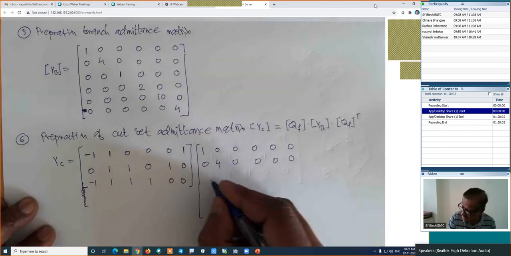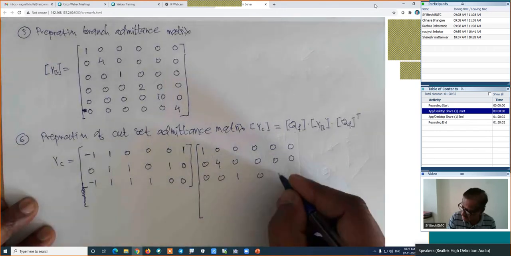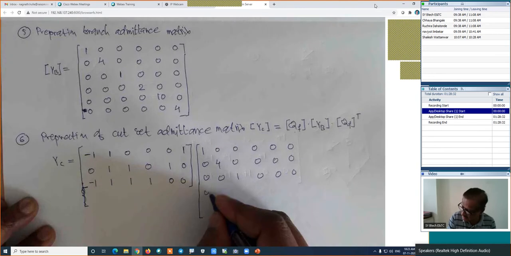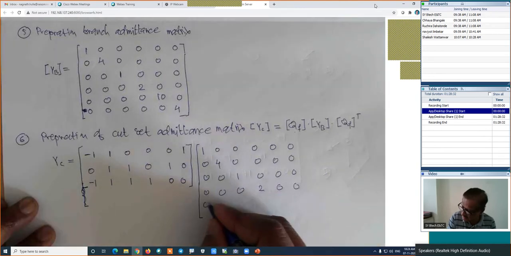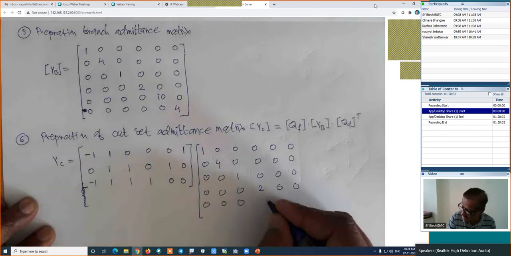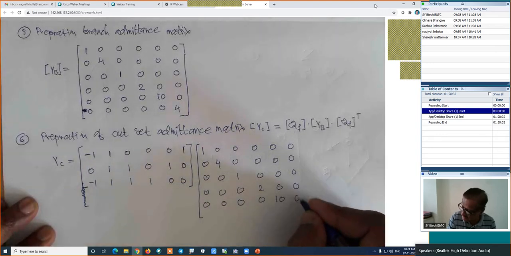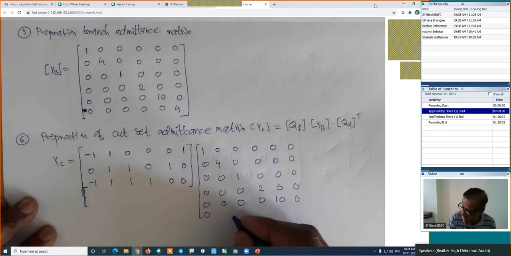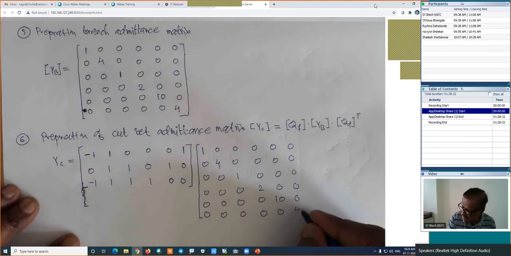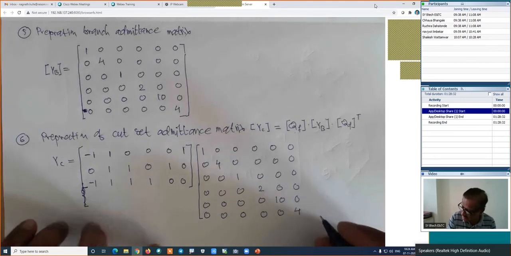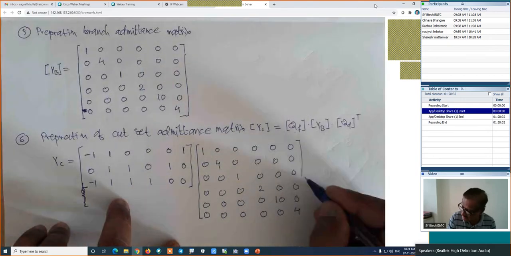This is 0, 0, 1. This is 0, 0, 0 again. This is 0, 0, 0. This is 2. Then 0. And it is 0 again. This is 0. This is 0. This is 0. This is 0. This is 10. This is 0. And here finally this is 0, 0, 0. This is 0. This is 0. And its value is 4. This YB I have copied. That is the branch admittance matrix.